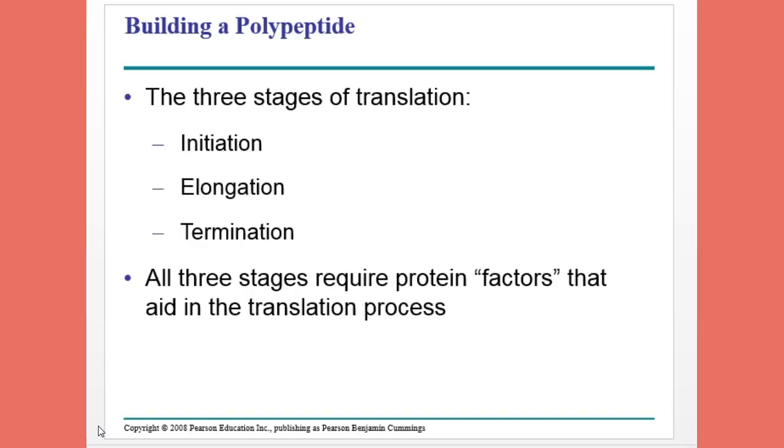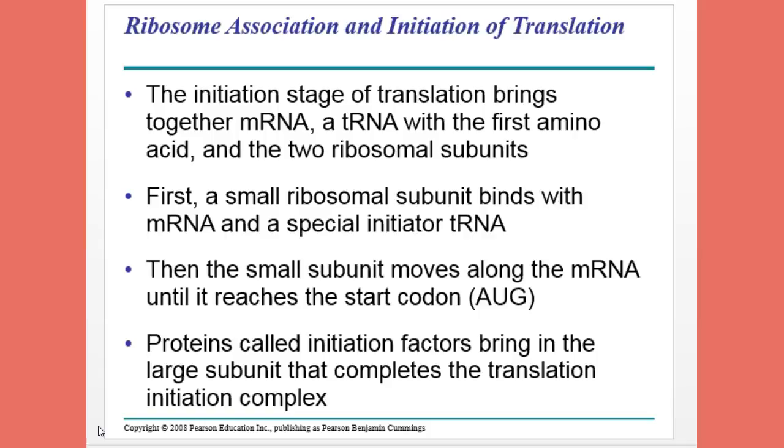There are 3 stages of translation. There are 3 steps to building a polypeptide: initiation, elongation, and termination. All 3 stages require protein factors that aid in the translation process. The initiation stage of translation brings together mRNA, a tRNA with the first amino acid, and the 2 ribosomal subunits.